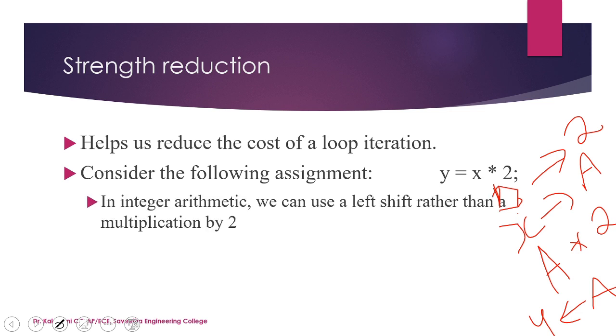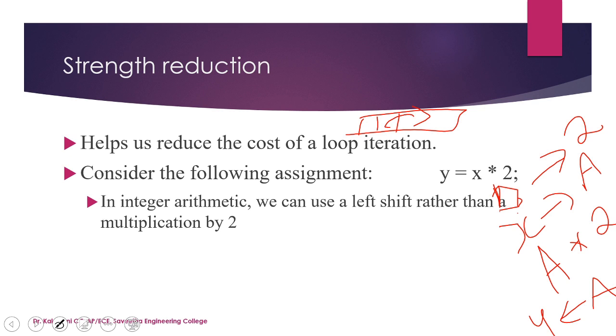Now, instead of this multiplication operation, if we go for a left shift, what will happen? In the same register, when I use left shift, 2 bits will be shifted here. Only 1 machine cycle will be taken. So we are reducing 3 machine cycles. Wherever we can use bit-oriented operations, left shift, right shift, the execution time will be reduced.